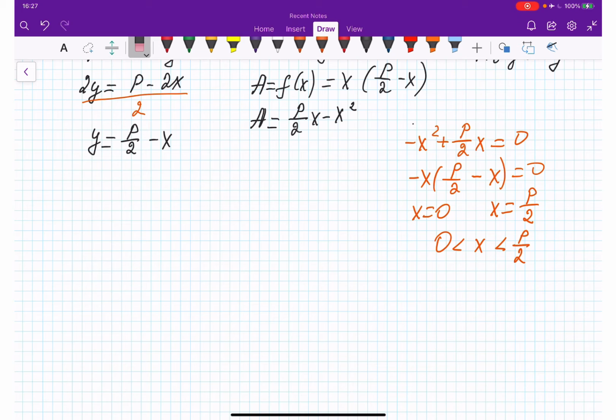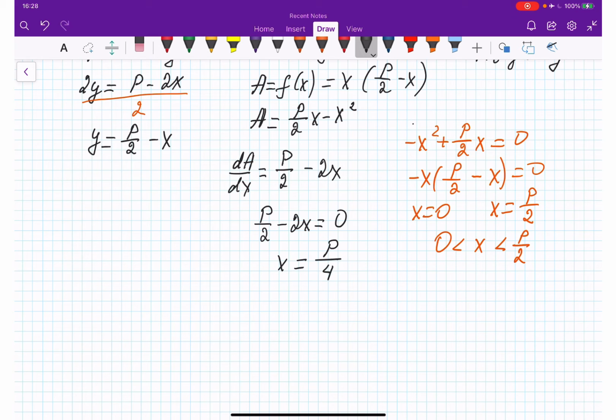So, let's take the derivative of A with respect to x, and that is going to be P over 2 minus 2x. To use the first derivative test, we need to set it equal to 0. P over 2 minus 2x is equal to 0. And from here, x is going to be equal to P over 4.